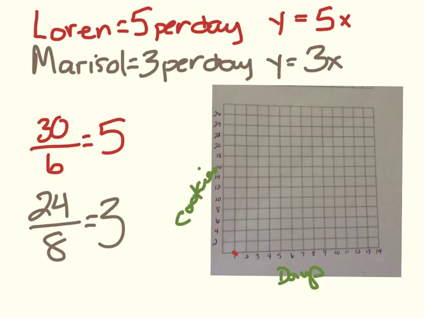Then, on the first day, which is really day 2, she ate 5 cookies, right? So we're just going to put a dot there. And on day 3, she had eaten 10, and day 4, she had eaten 15, and day 5, 20, and day 6, she had eaten 25.